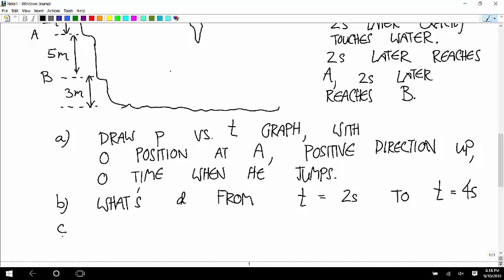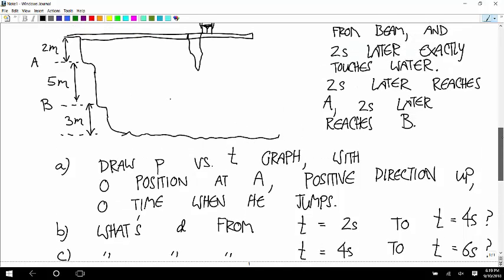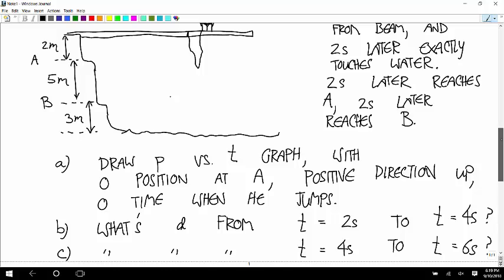Okay, and then let's do one more. What's the displacement from time equals 4 seconds to time equals 6 seconds? Anybody have any questions about just imagining what's happening?